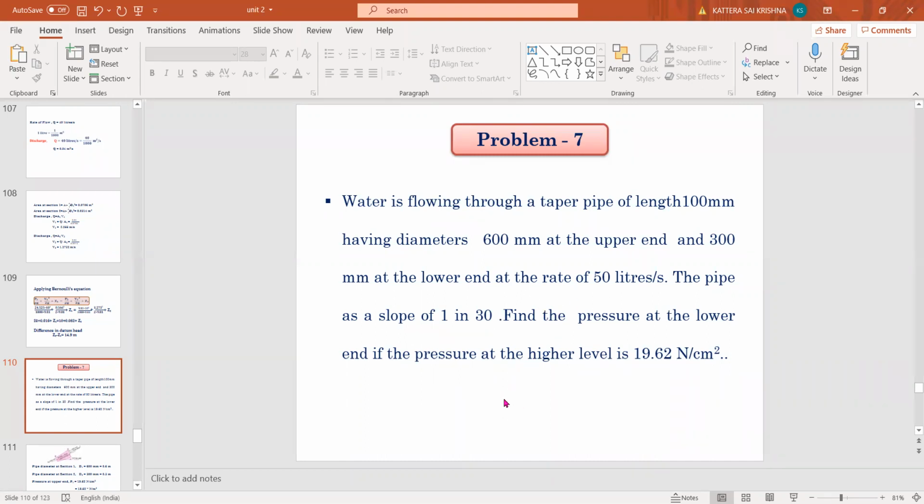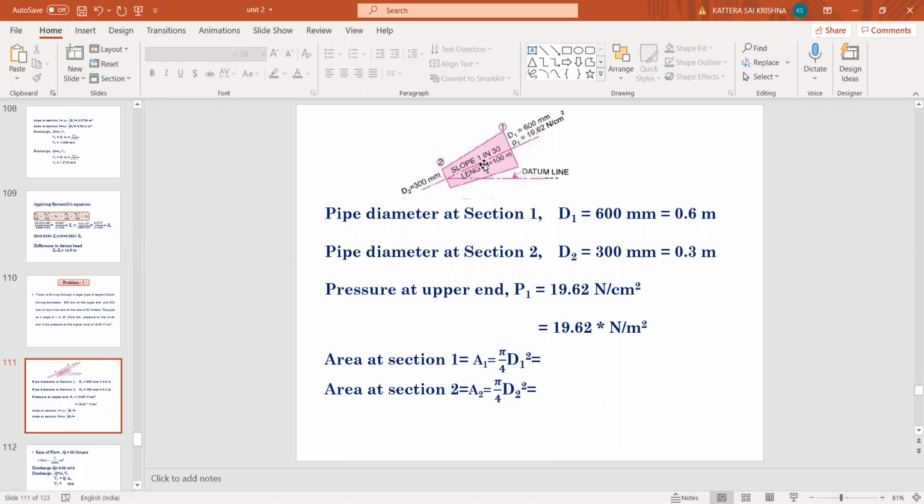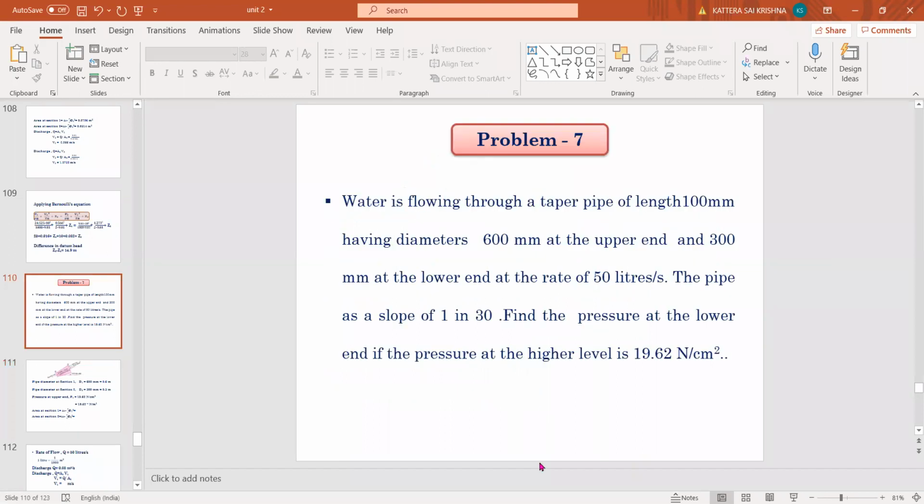Then we need to draw the diagram for this, which is given to us in the question. This is the diagram. Is it visible?